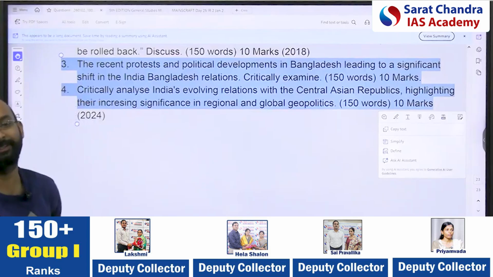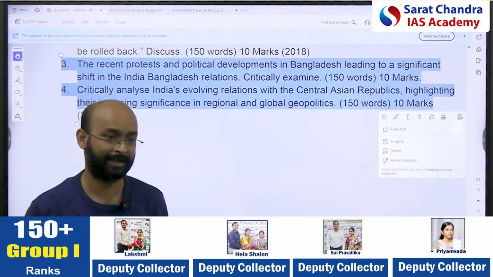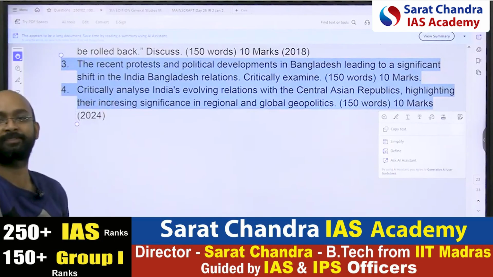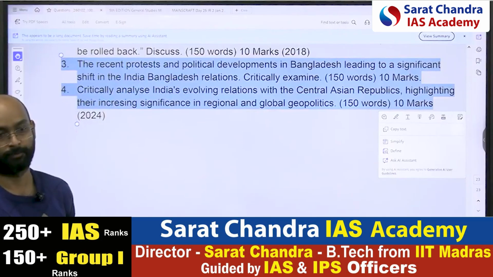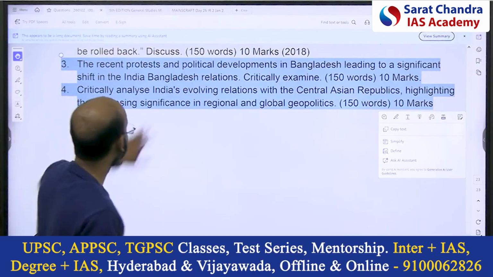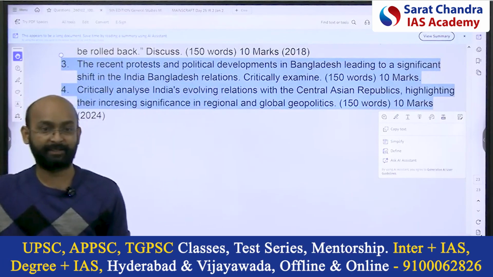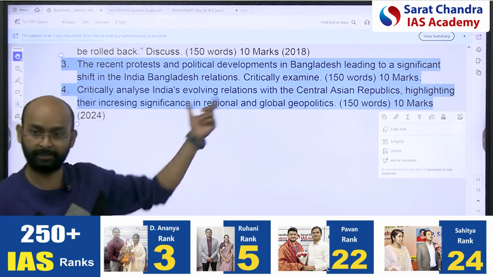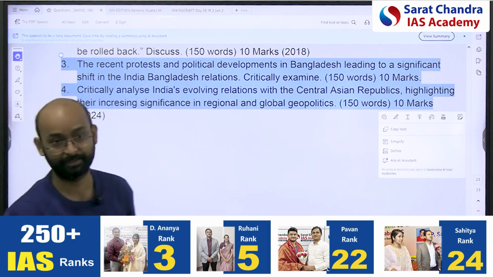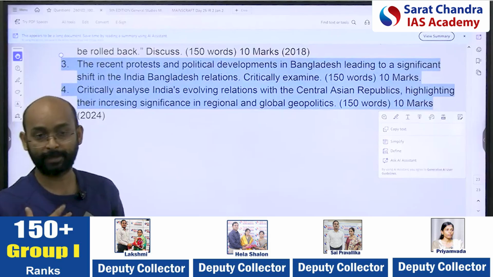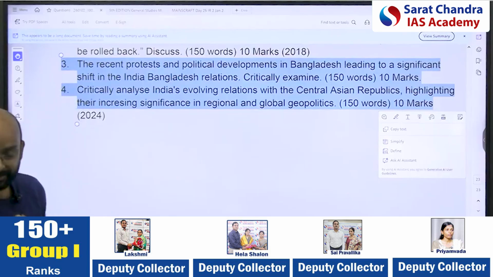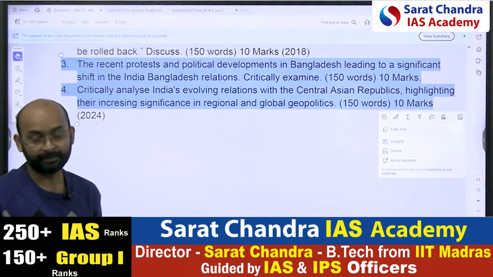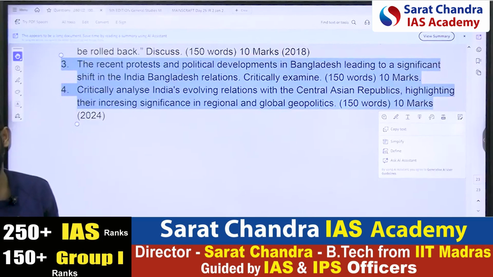So you have to see that in the India-Bangladesh relation. As a diplomat, I see the opportunity is still there. So when it says critically examine, you don't have to write the weakness only, you have to write what opportunity you are able to see, the other side. One is the negative, second, the opportunity is still there. As a diplomat, I should be optimistic. These are the understandings of IR. As a diplomat, how should I think?